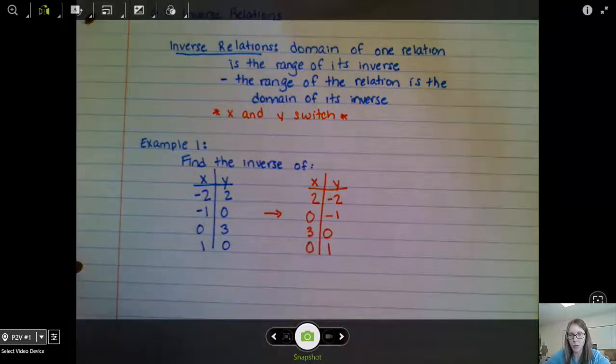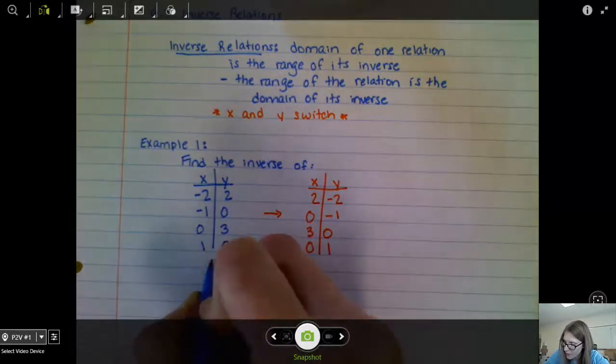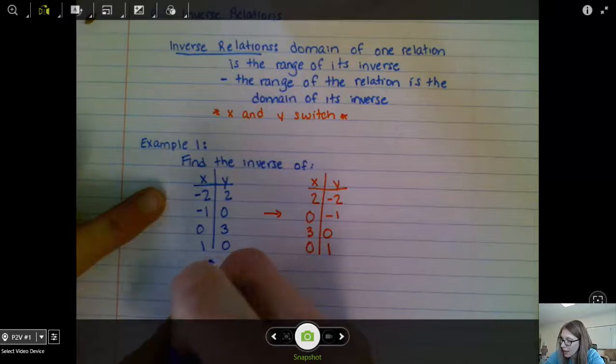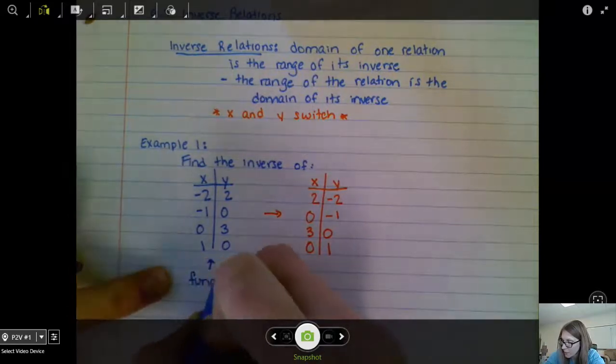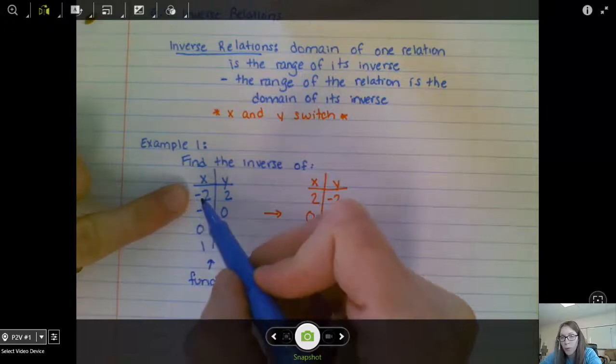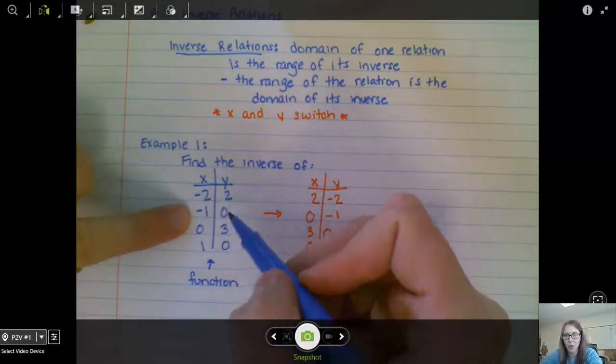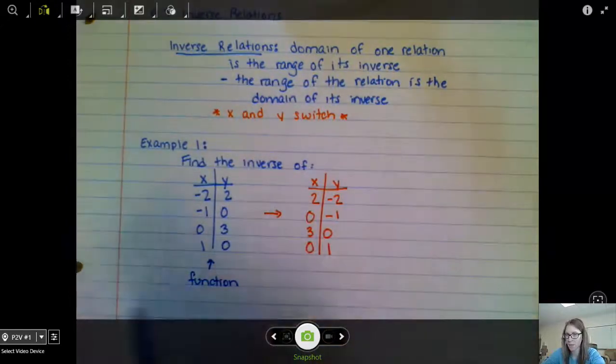Now something to point out here. If I look at my original relation, this original relation is a function because each x value only goes to one y value. -2 only goes to 2. -1 only goes to 0, and so on.